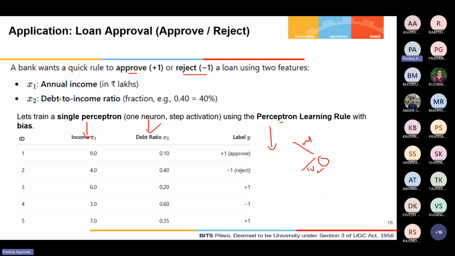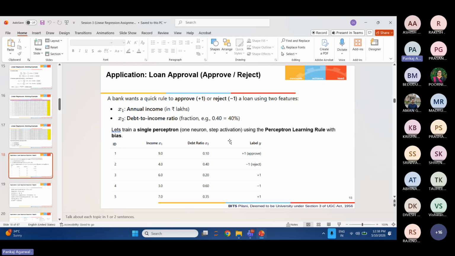Anyway, we'll take this up next iteration. But I hope this has given a very clear understanding of how we solve a regression problem. Everything looks very similar to what we do in machine learning, right?